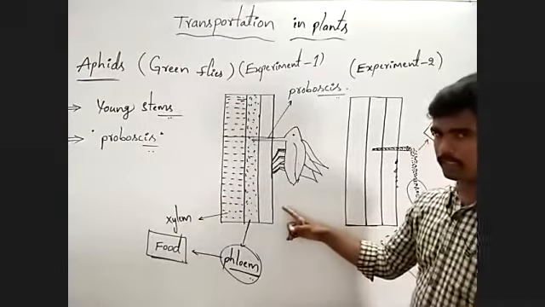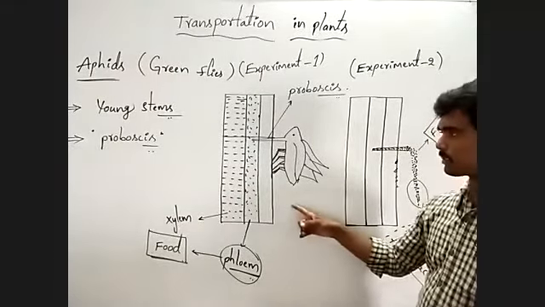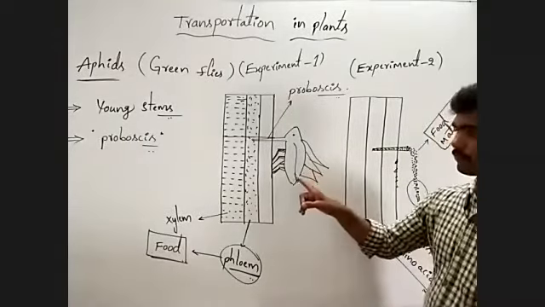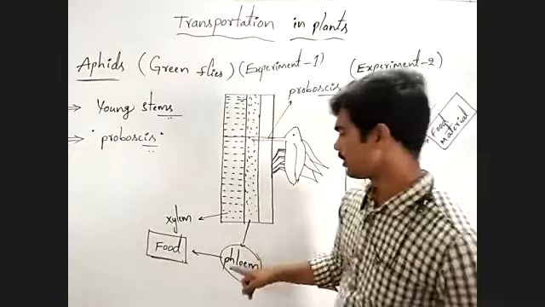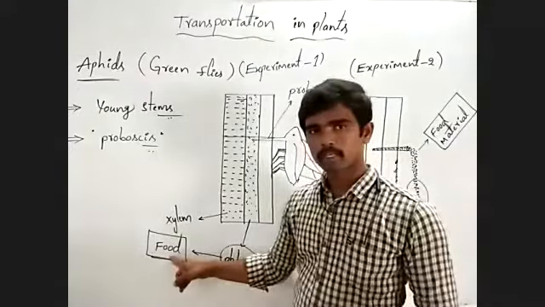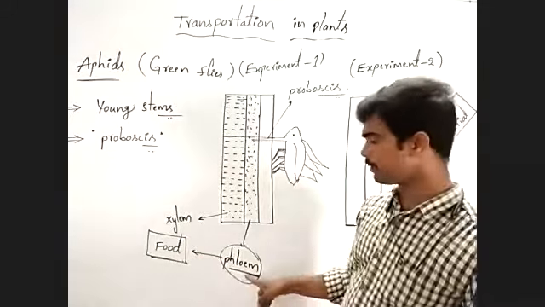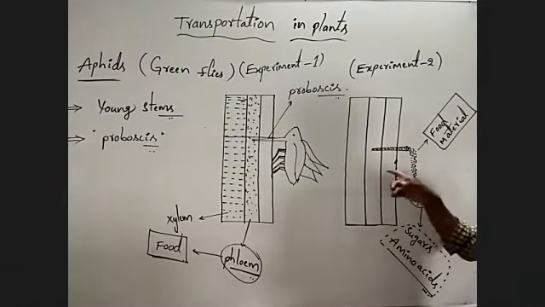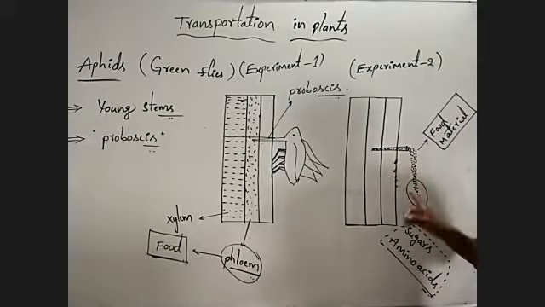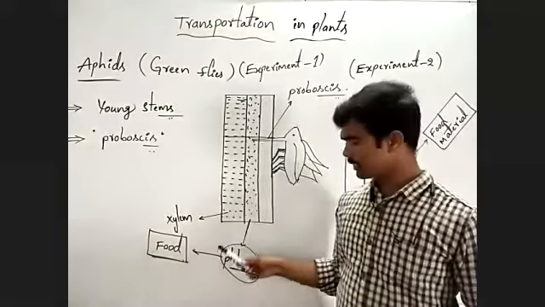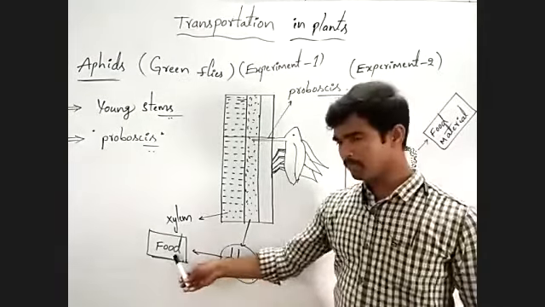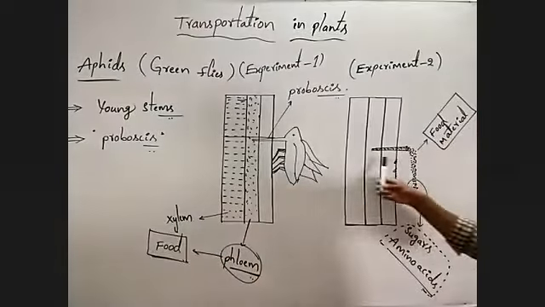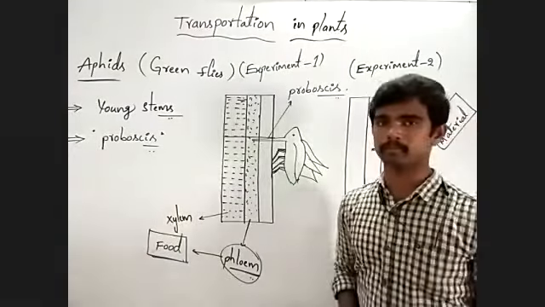In the first experiment, scientists proved that food material is transported through the phloem. In the second experiment, the food material contains sugars and amino acids. Like this, they explained the transportation of the food material through the phloem experimentally.